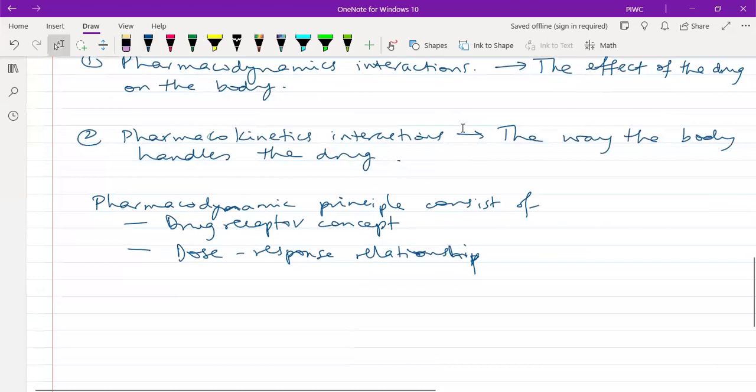Okay, and then the pharmacokinetic principles consist of the following. We have absorption of the drug, distribution, metabolism, and excretion. That's what goes under the pharmacokinetics.